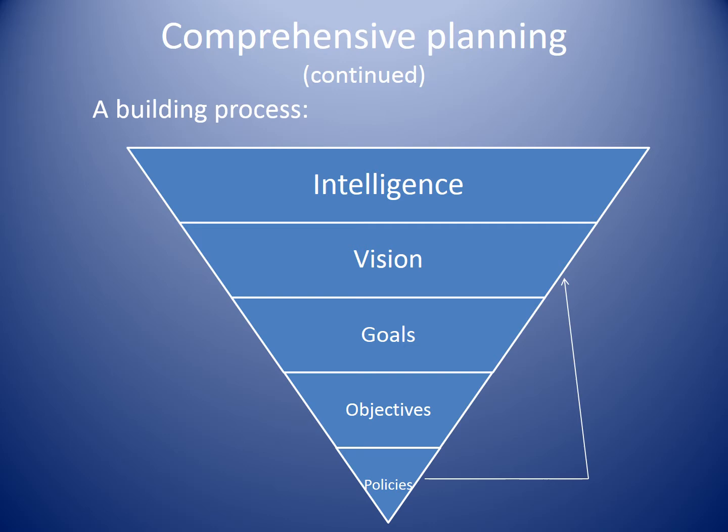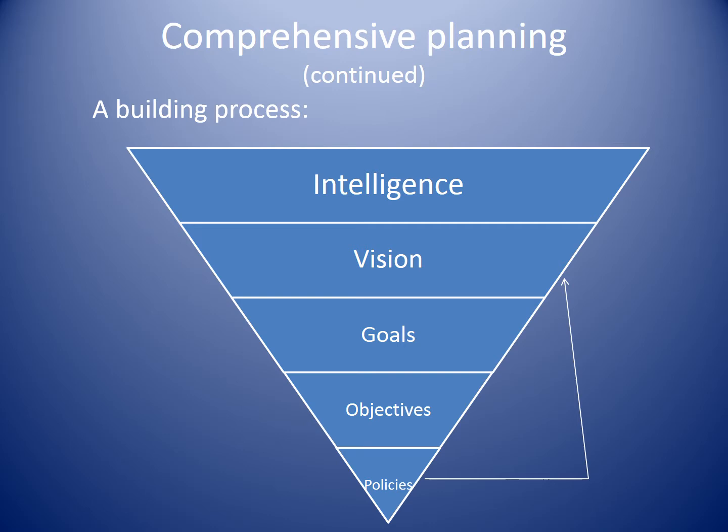Now, you could think of the comprehensive planning process as an inverted triangle as presented here. You have this comprehensive effort to gather intelligence, that is the values and the science that define the community.